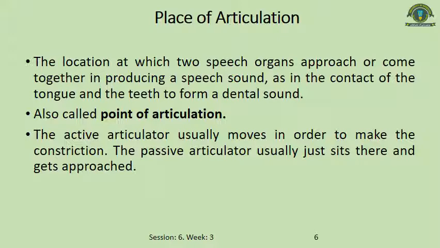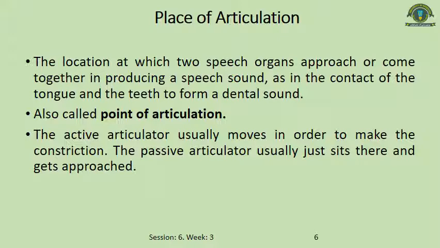The active articulator. And which one is the active articulator? I said it is the tongue that is the most active articulator, that moves in order to make the constriction, right? To produce sound. That is the job of the tongue. For example, I am giving you the example of the tongue.